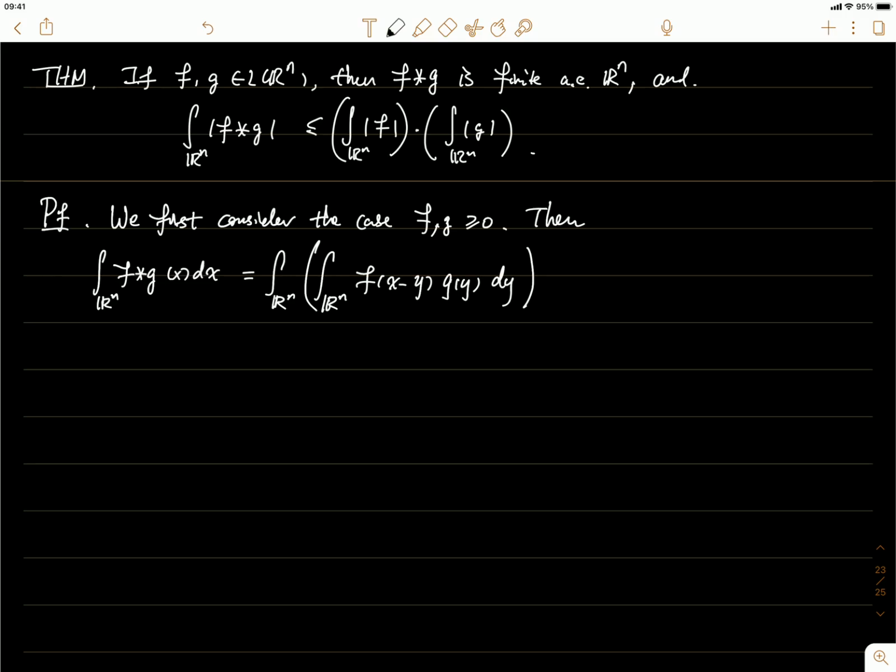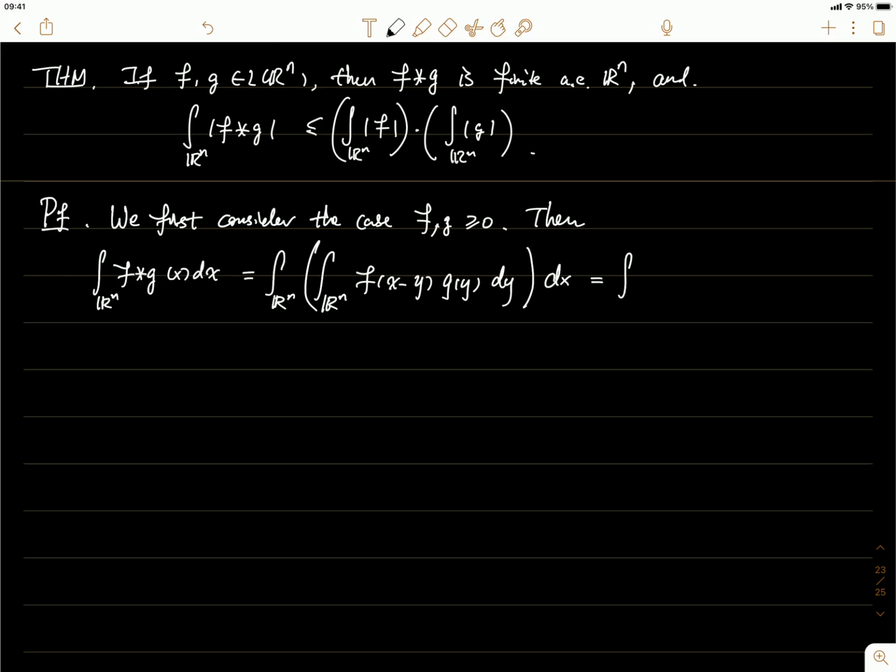dx. Okay, and because of the Tonelli theorem we discussed before, as long as the integrand is a non-negative function, we can freely exchange the order of integration. So we can take the integration with respect to x first instead of y first.